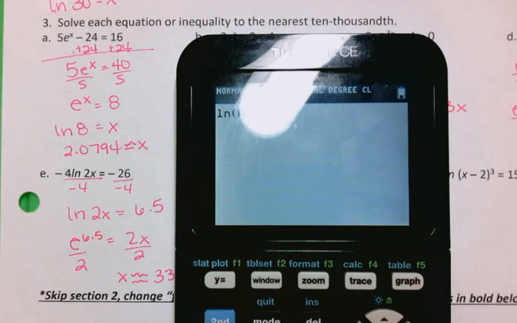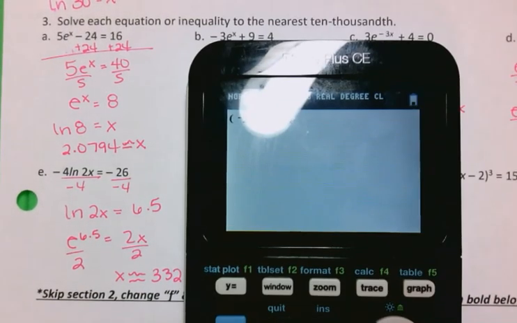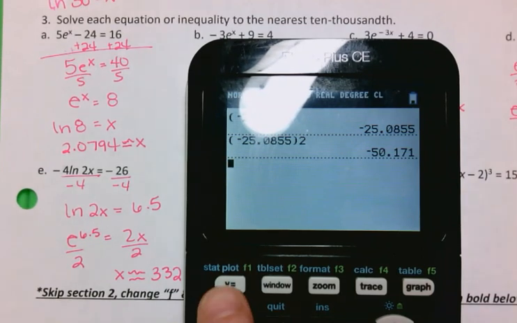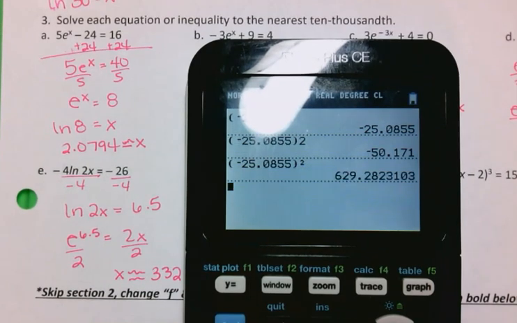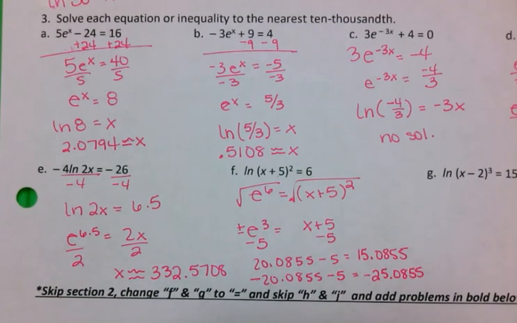Oops, if I do that correctly, because you would square negative 25.0855. Oh my gosh, second entry, parentheses squared. Oh, entry squared. ln, second answer. Why is that off so much?